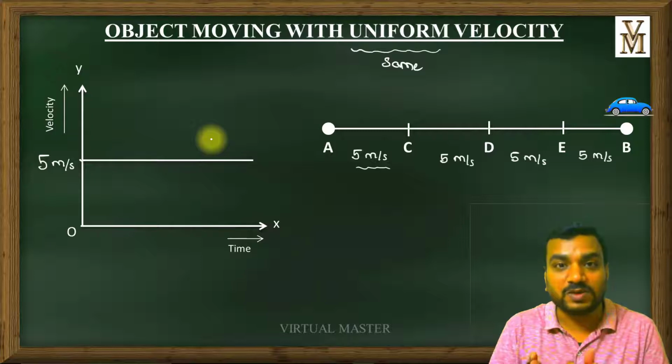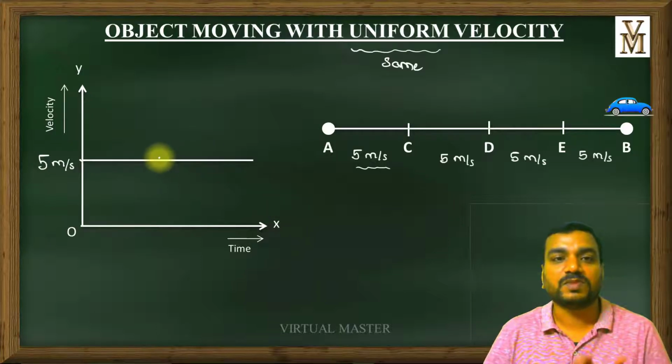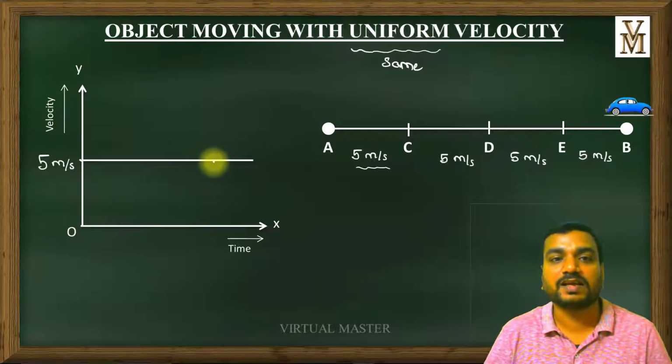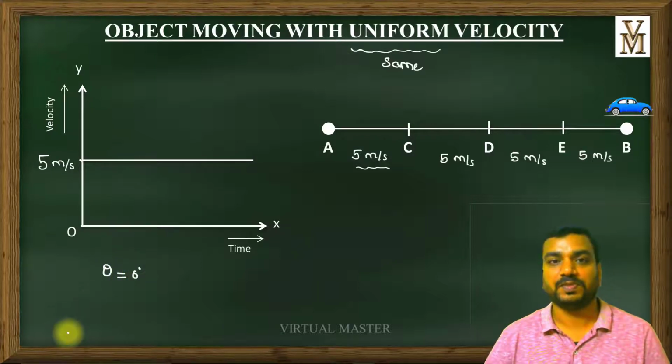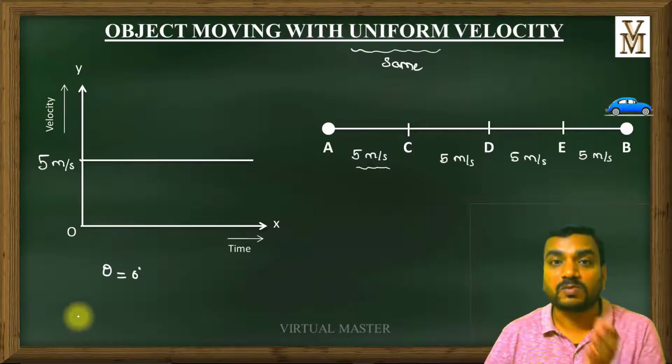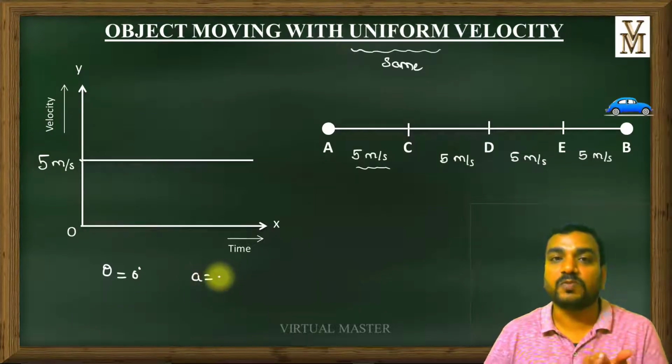We can also calculate the acceleration using the graphical method. Now from the graph we can easily make out that the curve is making an angle of 0 degree with the x-axis, isn't it? Since the curve is parallel to the x-axis, naturally the angle theta will be equal to 0 degree. Now we know the formula for the acceleration, which is nothing but the slope of the curve.